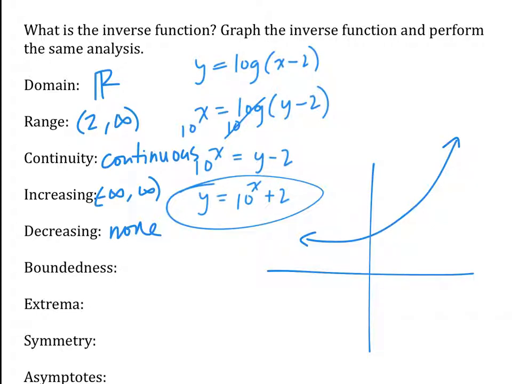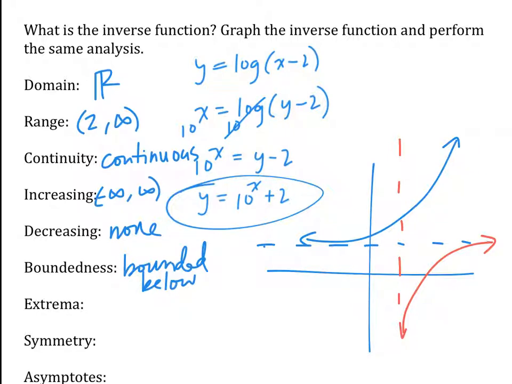Sherry, what do you think? Bounded below. Yes, bounded below. So there is a horizontal asymptote here. And if you think about it, the original function, which was log x minus 2, looked like this, and there was a vertical asymptote.